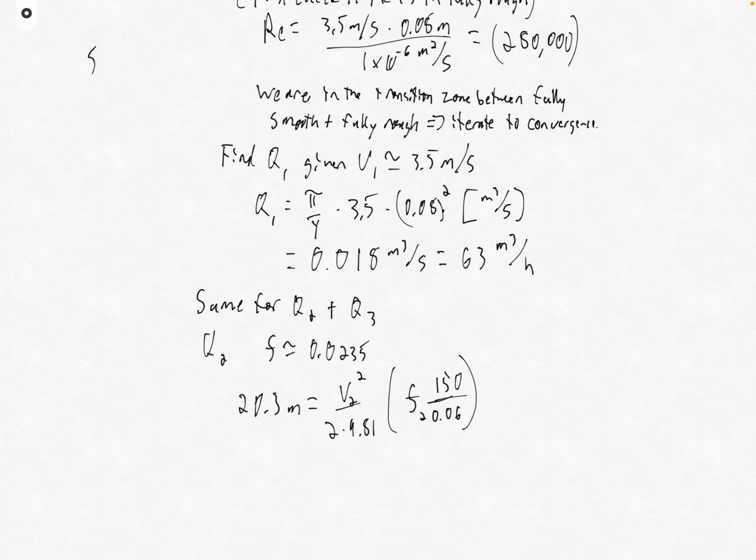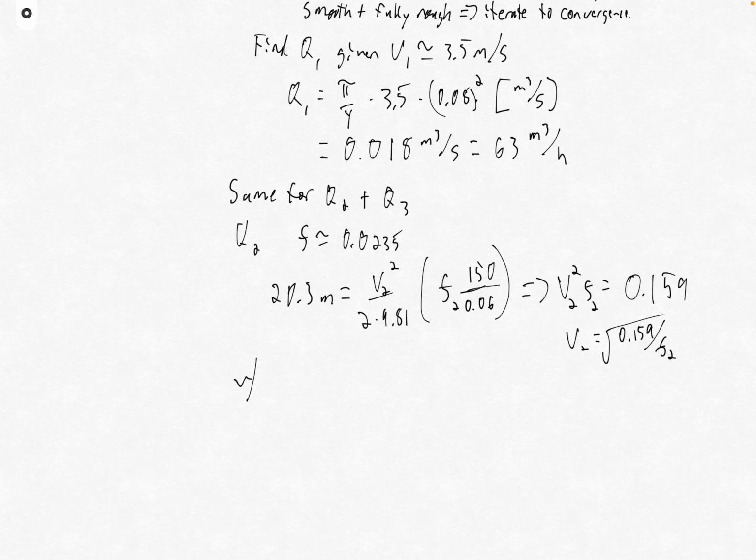If we work that out, so now we're going to have v2 squared f2 equal to 20.3 times 2 times 9.81 times 0.06 divided by 150, and that's going to be equal to 0.159. So V2 is equal to the square root of 0.159 over f2.